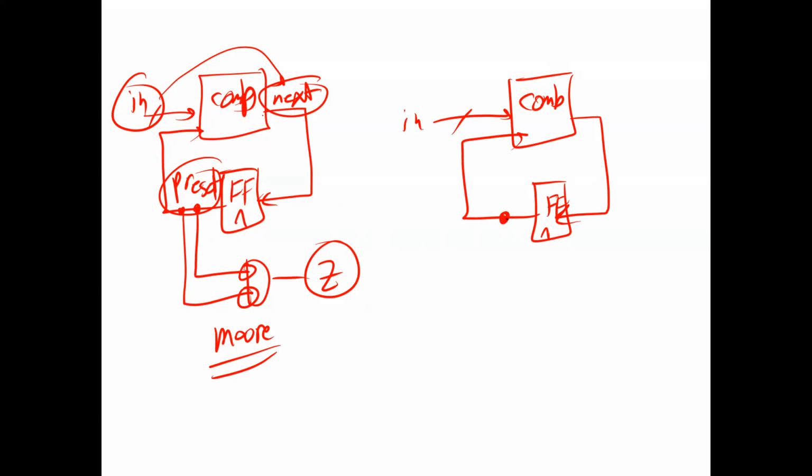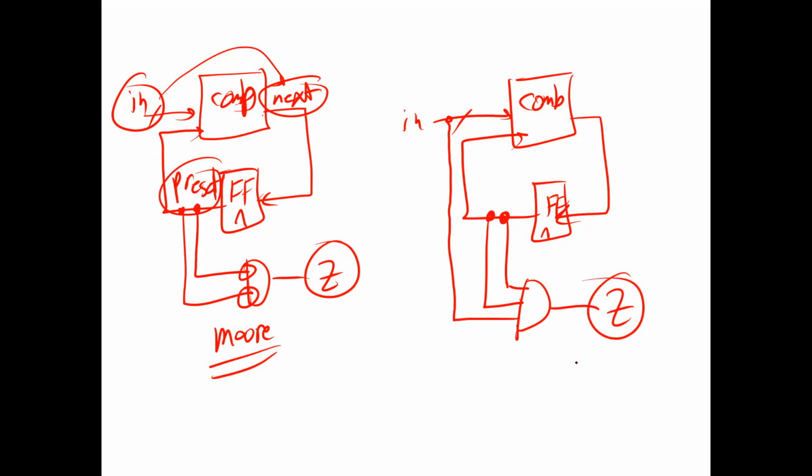Now, if you have a couple of signals coming from the present state, and one of these signals depends on the input directly, now this is a Mealy type machine. Why? Because Z, which is the output of your circuit, depends on the current state plus the input.